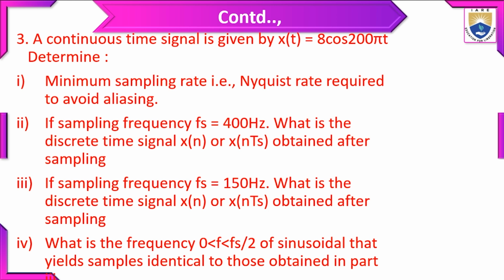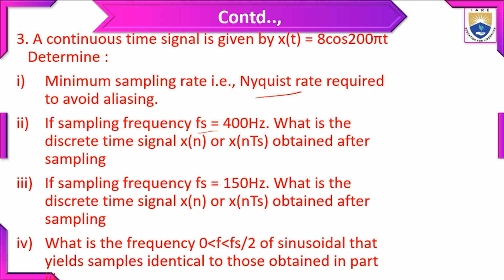So here the problem looks like a very big one, but not to worry, it is very simple. First we are going to find the Nyquist rate, and second, the effect of the change in the sampling frequency on the Nyquist rate, 400 Hz for the first time and 150 Hz for the second time.